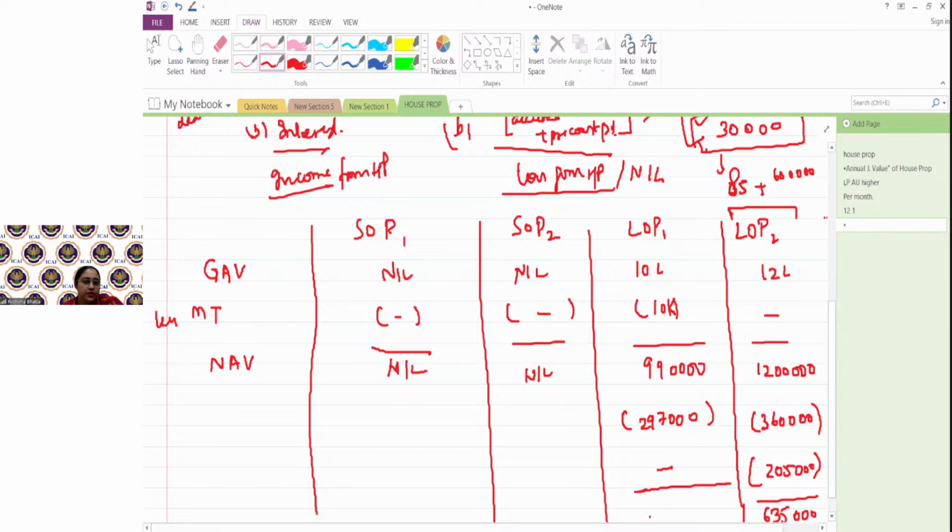No deduction for interest because there is no loan going on. So 693 would be your income from house property let out, which is the first. Is this also clear? Okay.